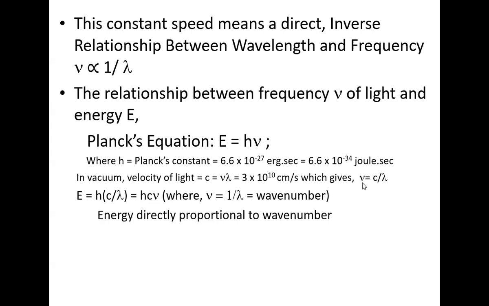So we know what that frequency is, just simple division there. Nu equals c over lambda. Correct? Substitute in the equation here, E equals h nu. So this gives us E equals hc over lambda.